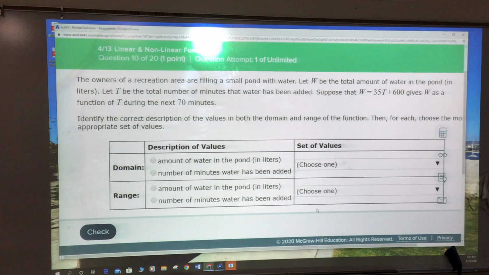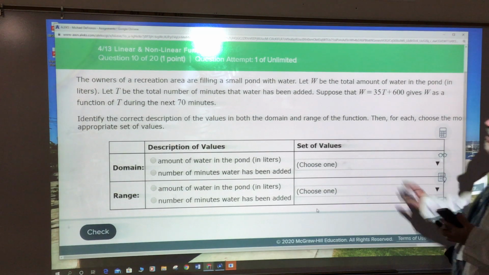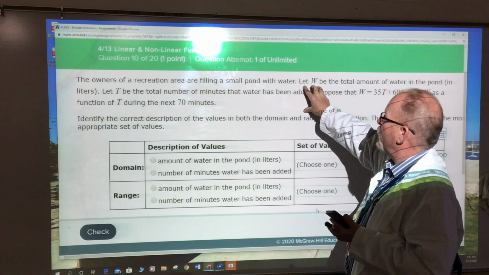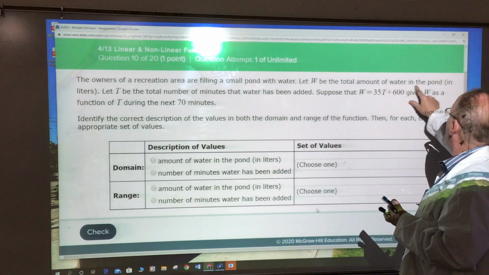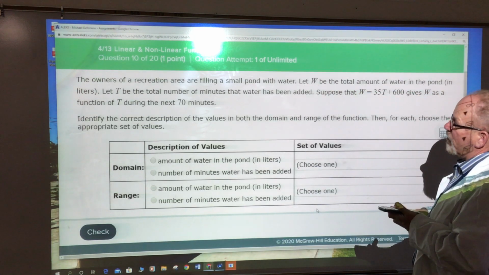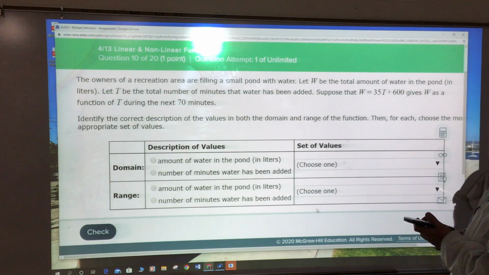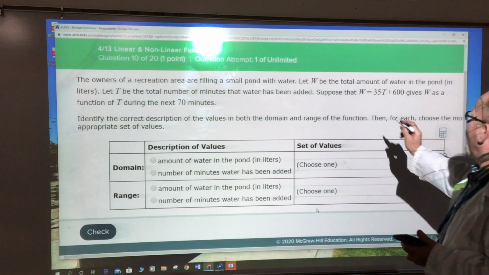Okay, so here we have a domain and range question. Owners are filling a pond with water. W be the total amount of water in the pond in liters. T be the total number of minutes that the water has been added.